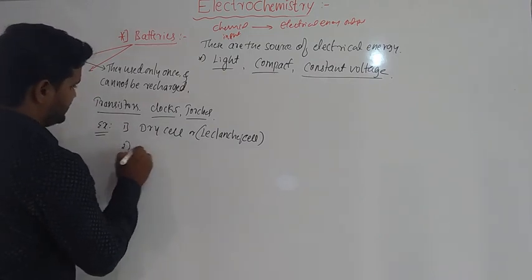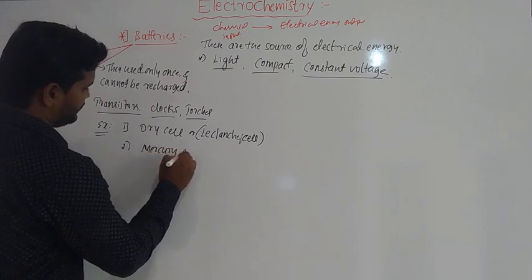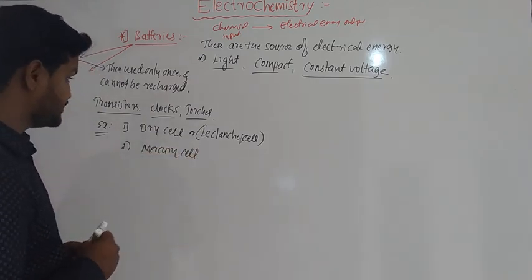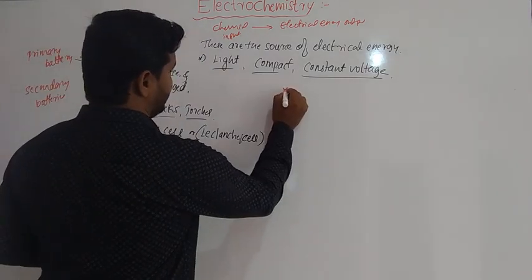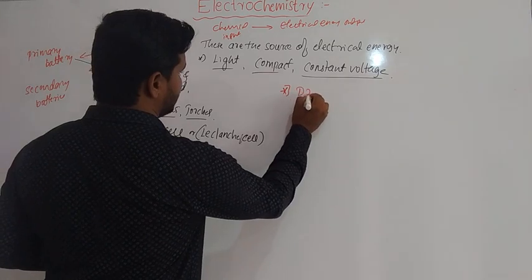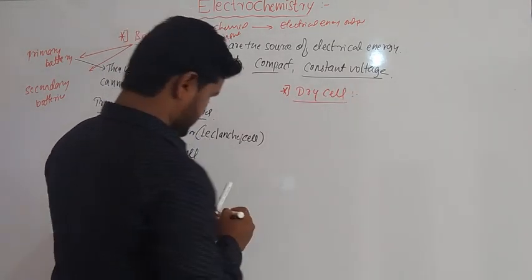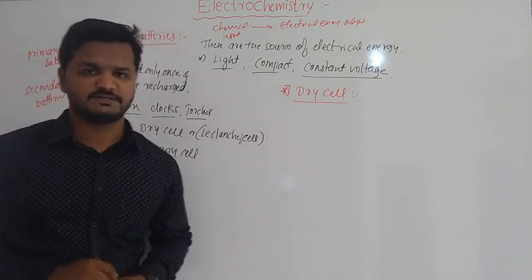The second one is the mercury cell. It is used in common watches. First one, dry cell. The reactions here are very important. Dry cell is used in clocks and torches.